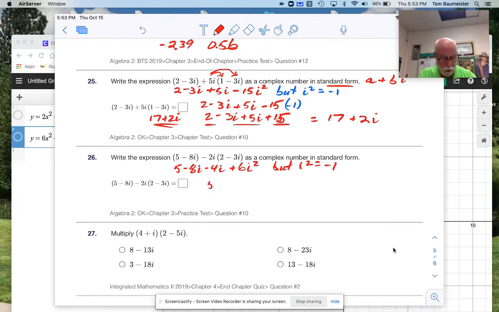So we're going to have 5 minus 8i minus 4i minus 6. Put the whole numbers together, that's negative 1. Put the i's together, minus 12i. So the answer is negative 1 minus 12i.